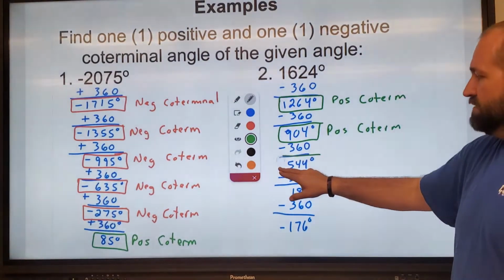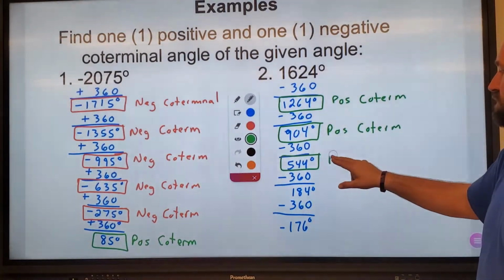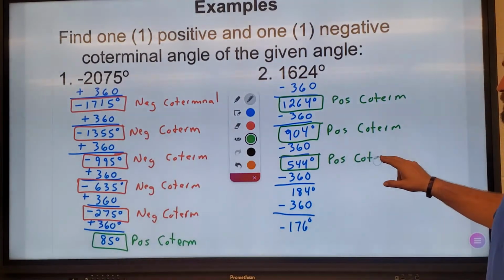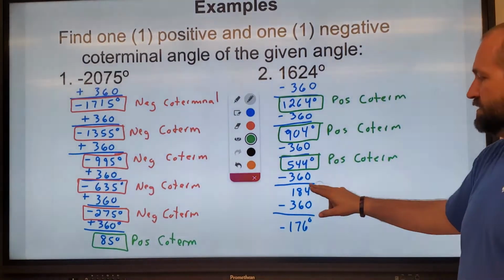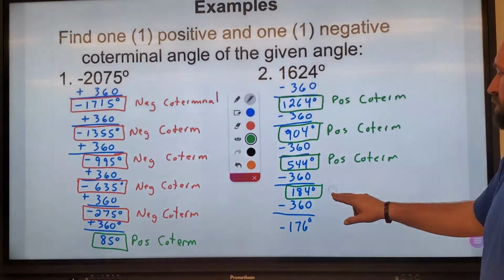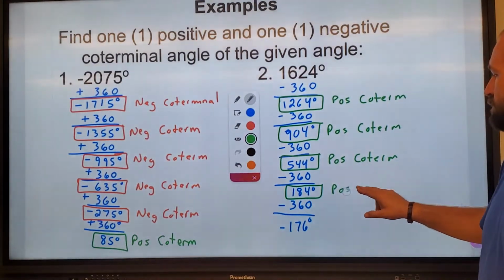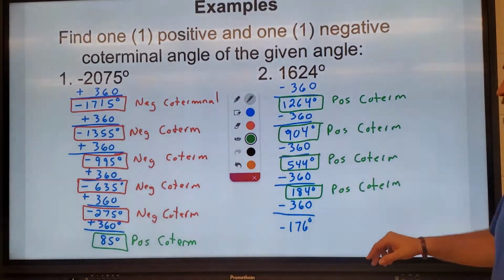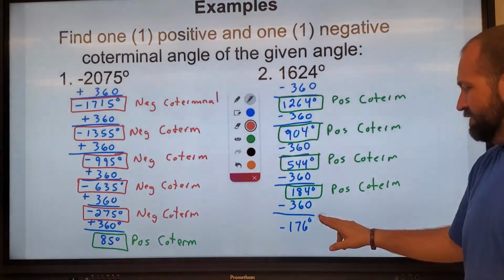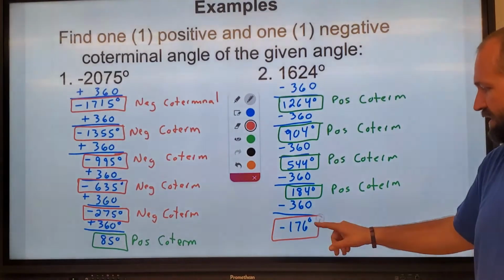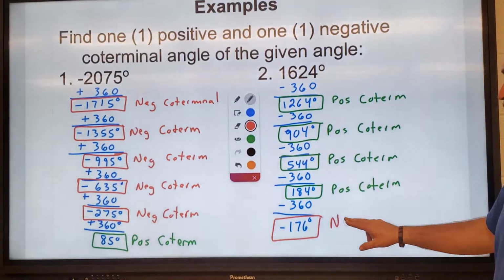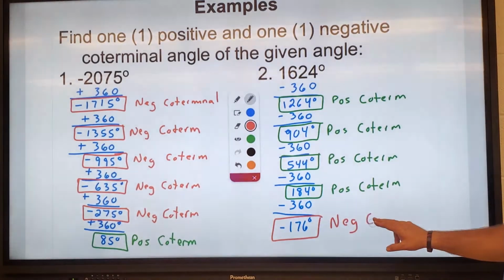This is another positive coterminal because it came out to a positive value and I subtracted 360 again. This is another one. And finally we get a negative coterminal angle. This is a negative coterminal because again it's a negative sign, so negative coterminal angle.